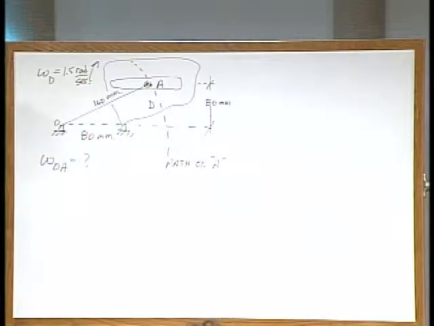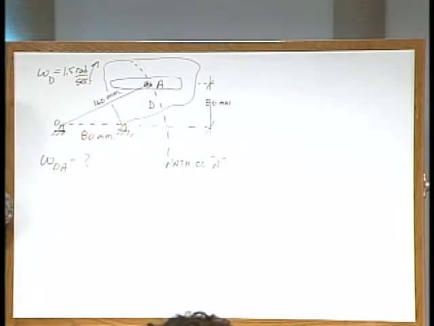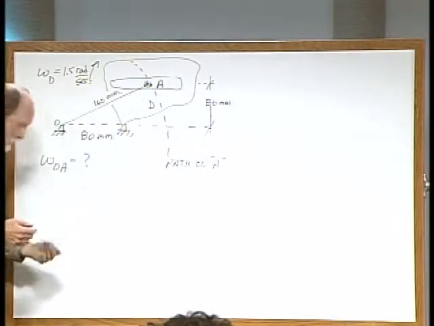Just for the fun of it, what about A prime? A prime is the point that starts coincident with the point that's moving on the other body. Just for the fun of it, A prime's still going to be right there, isn't it? What about point C?